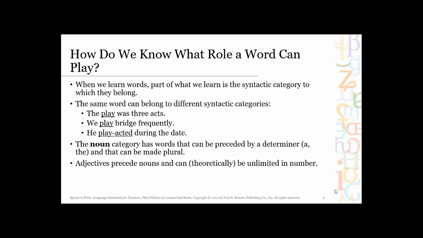He play acted during the date. The noun category has words that can be preceded by a determiner and that can be made plural. Adjectives precede nouns and can be unlimited, theoretically. It sounds weird if you add too many, but theoretically they can be unlimited in number.